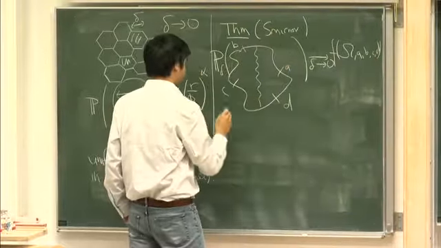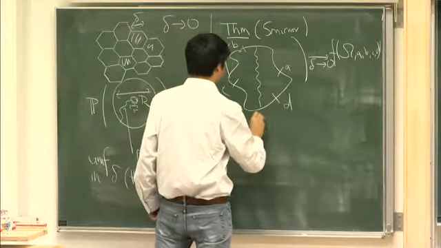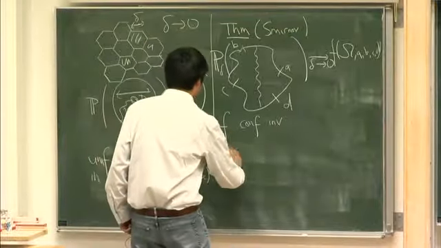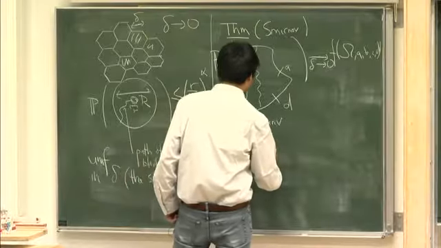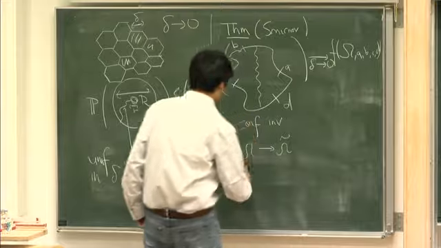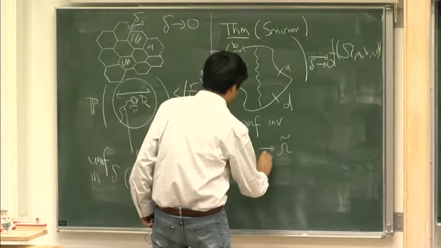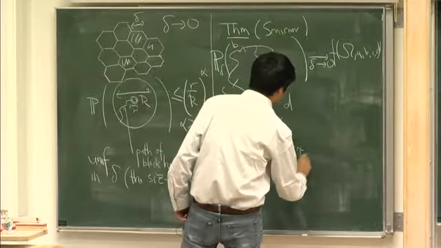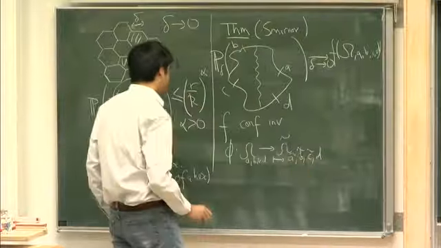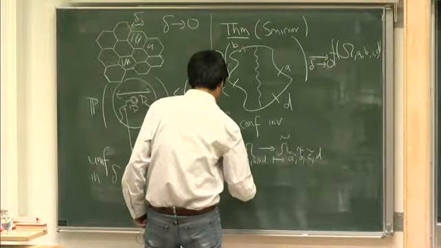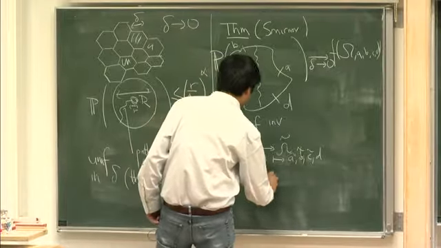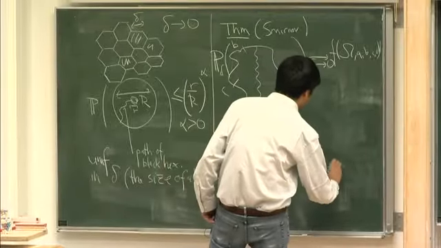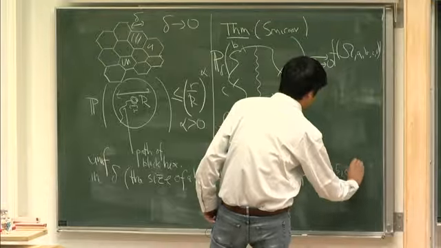And this f is conformally invariant, which means that if phi is a conformal mapping from a domain to another domain, which sends A, B, C, D to respective images A tilde, B tilde, C tilde, D tilde, then f of omega, A, B, C, D is the same as f of omega tilde, A tilde, B tilde, C tilde, D tilde.